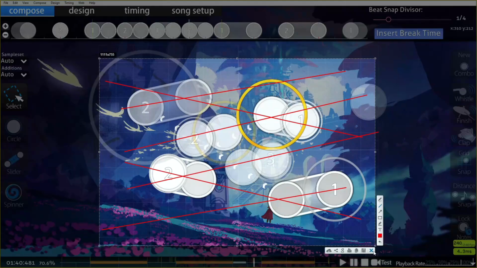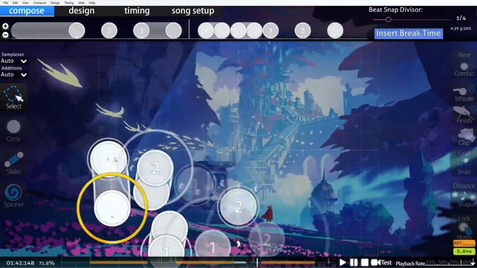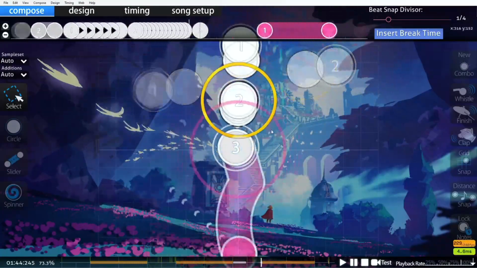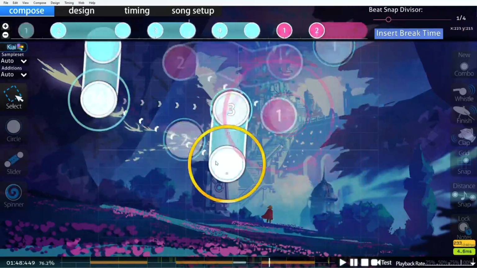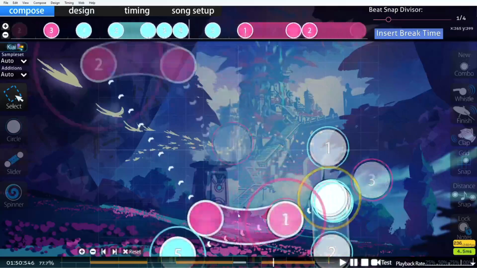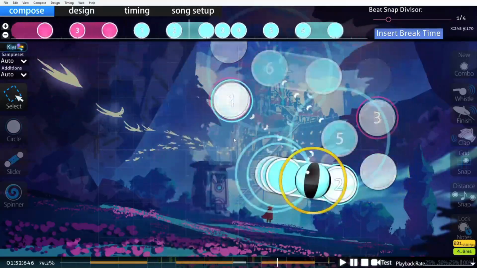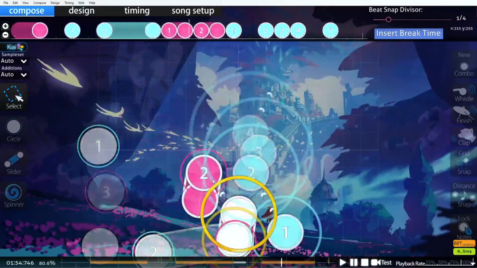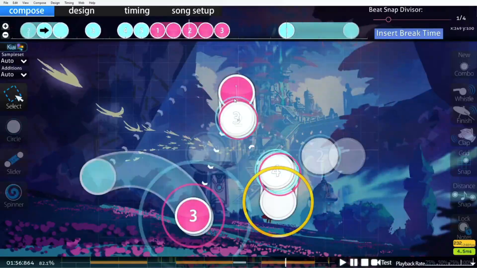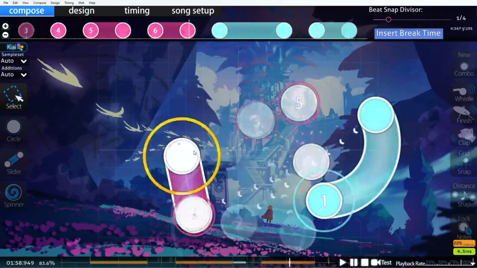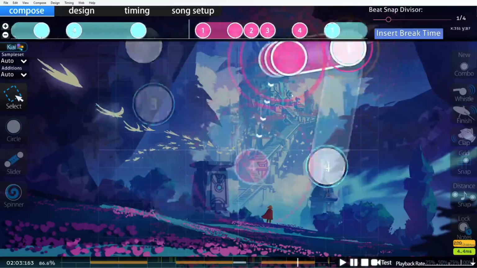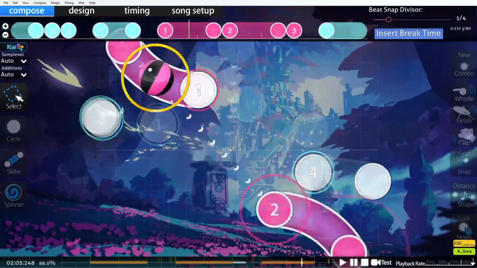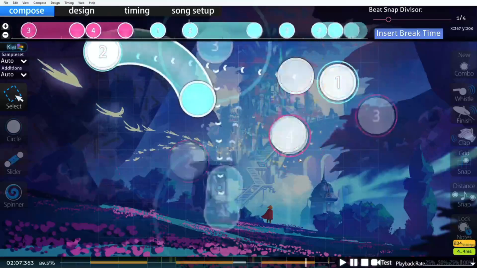And you can see it's all same axis. And yeah, the rest of the map is pretty much same.